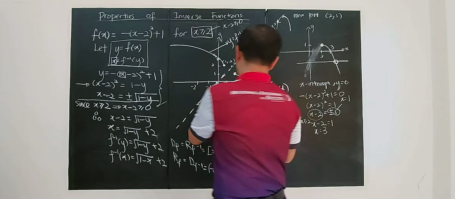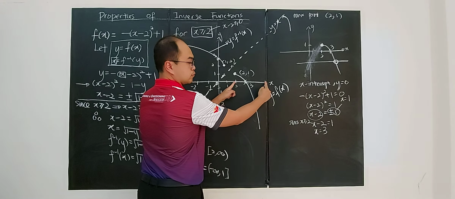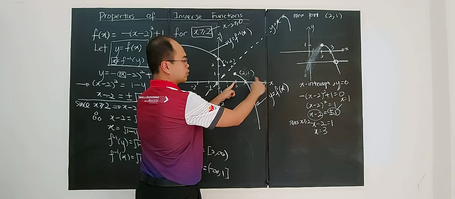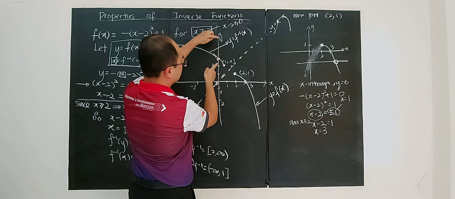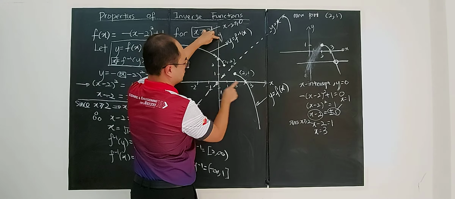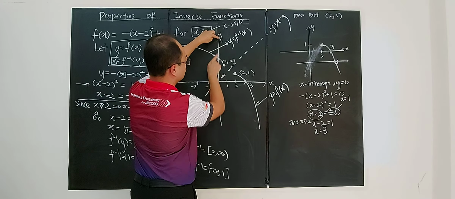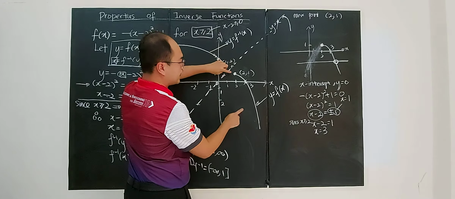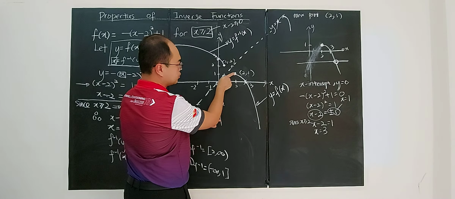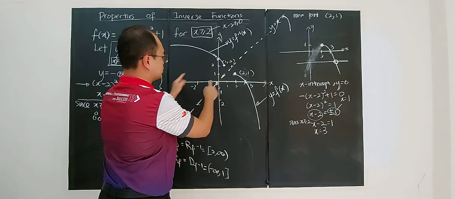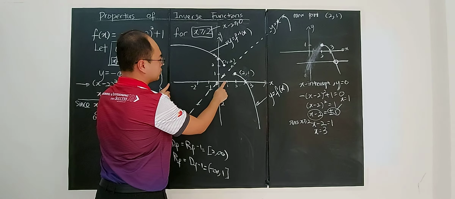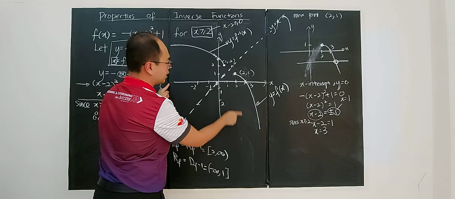Can you see that? The domain for f(x) will be the range for f inverse: 2 to infinity here, and also 2 to infinity there. And the range of f, negative infinity to 1, will be the domain of f inverse, so this is also negative infinity up to 1.